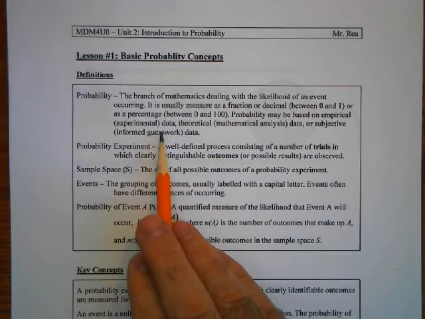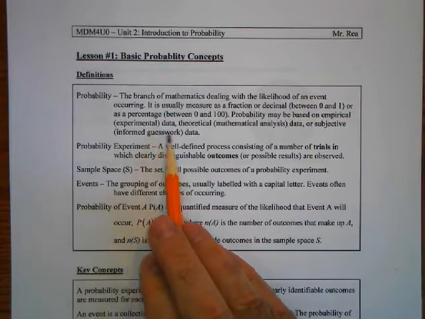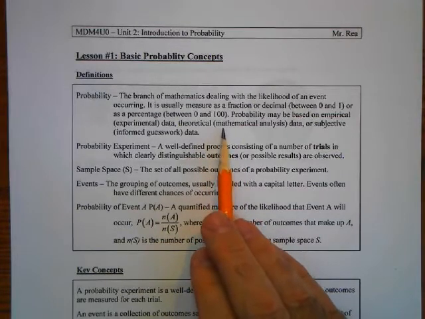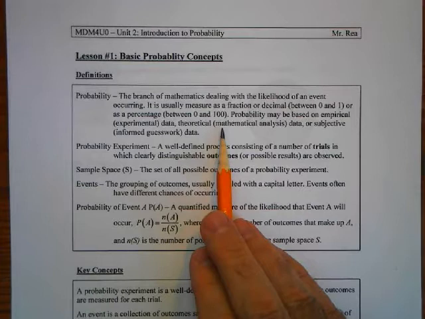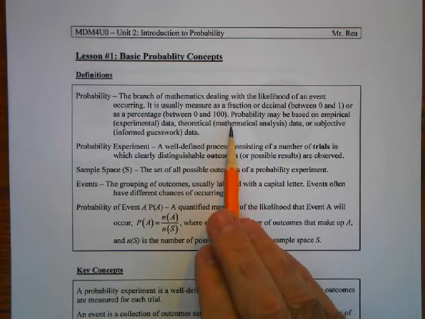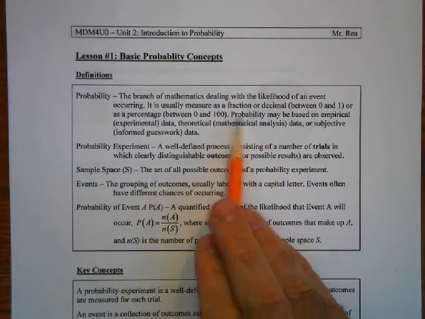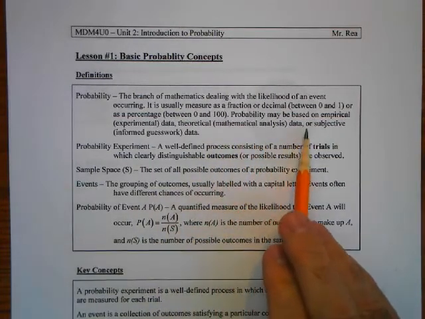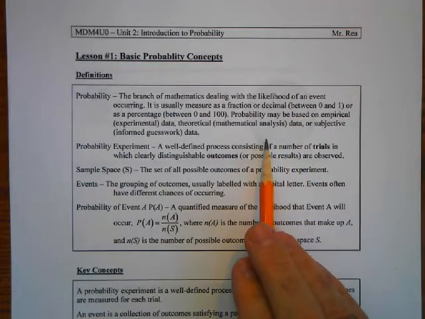So there's experimental, where you calculate the probability through experiment. There's also theoretical, where you just look at the mathematical probabilities. So basically we're going to use the numbers that we calculated in the first unit and do as a fraction. So we'll get more into that as well. And the last one is subjective, which is just kind of a guesswork.